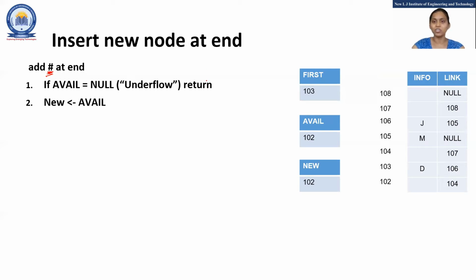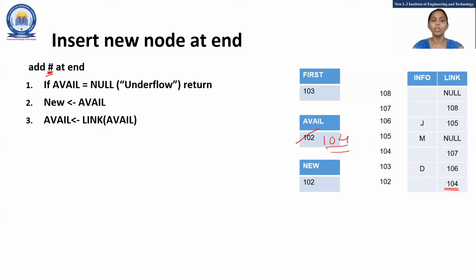If I change the value of avail to 104, why? Because now the next available free space would be at 104. So I update the value of avail to 104, and that would be my third step, that avail gets its value from the link of avail.